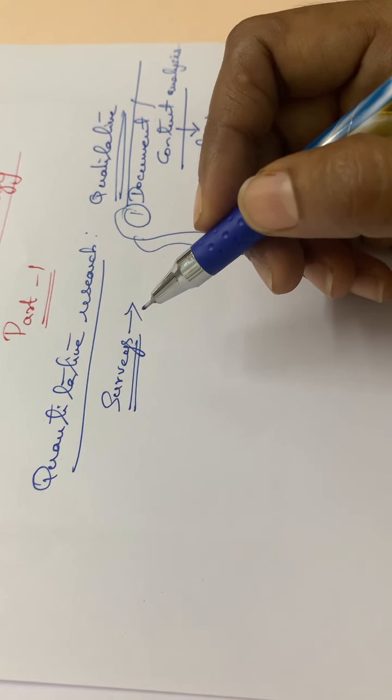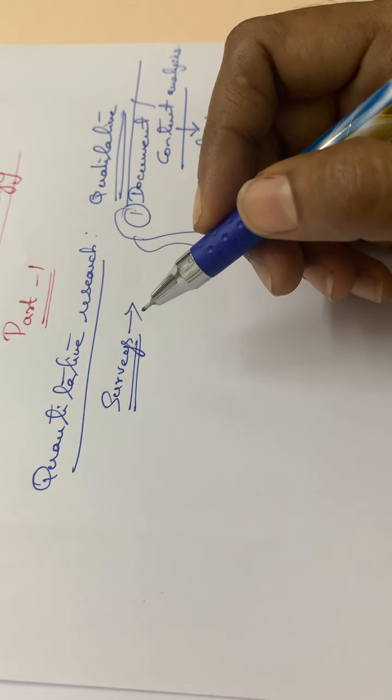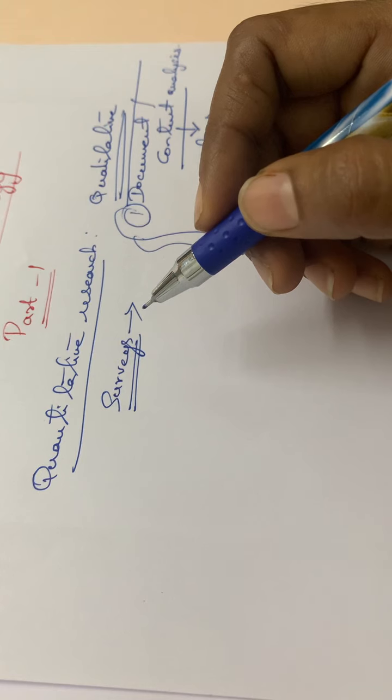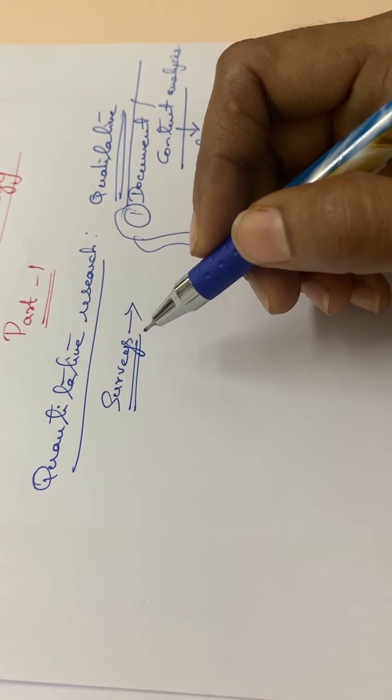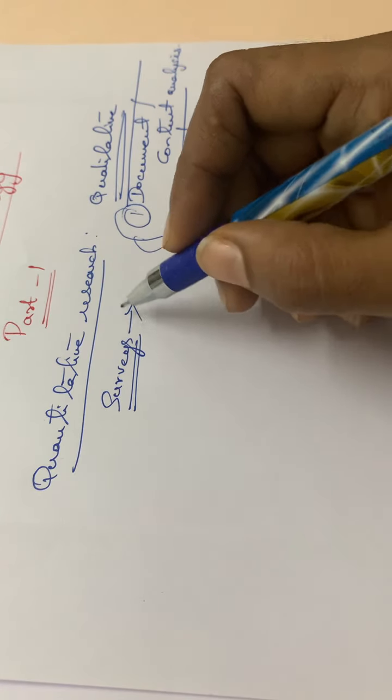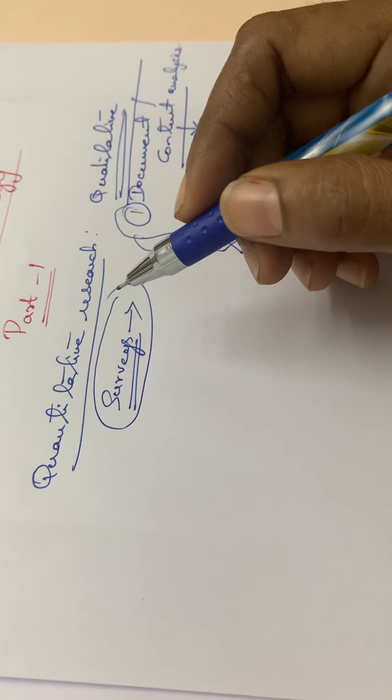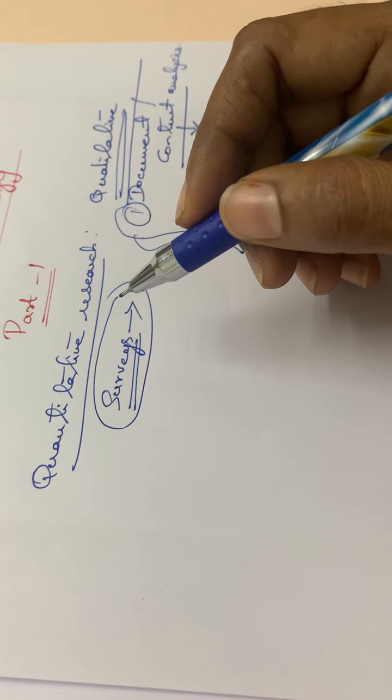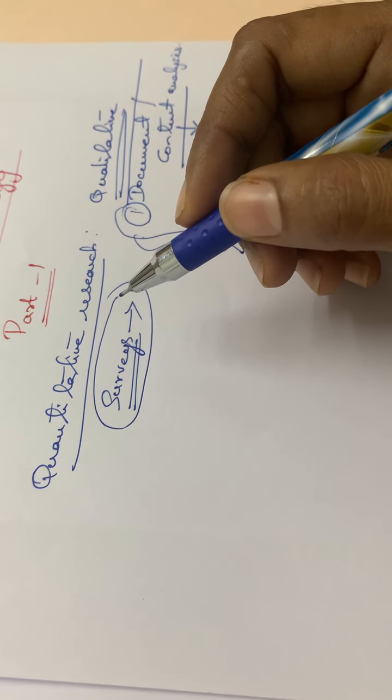Students' feedback on curriculum. There are some 9 or 10 statements given, and you have to fill that form, isn't it? It is given on an online platform, as a Google form. So that is one type of survey. We have to collect the opinion of a particular student or a particular institution regarding anything.